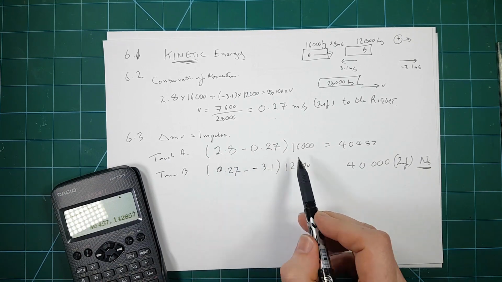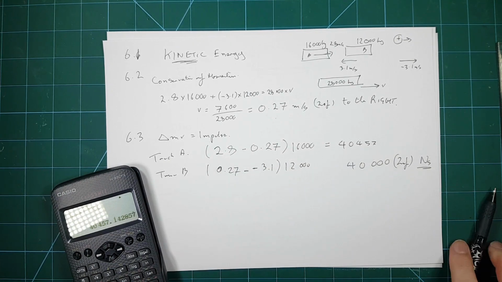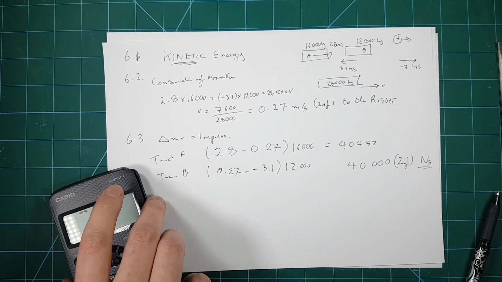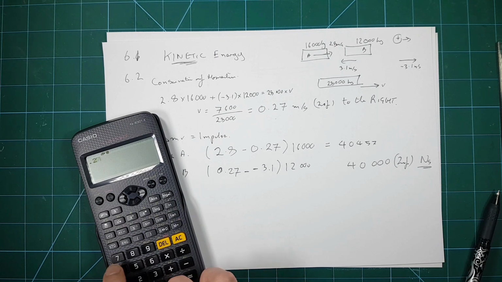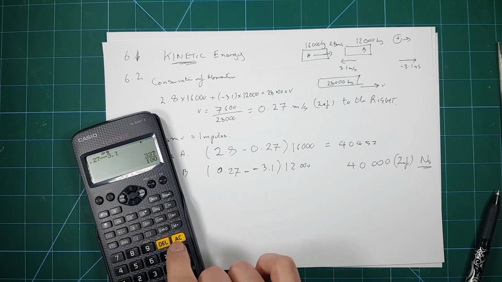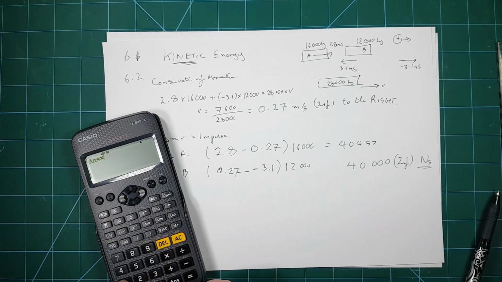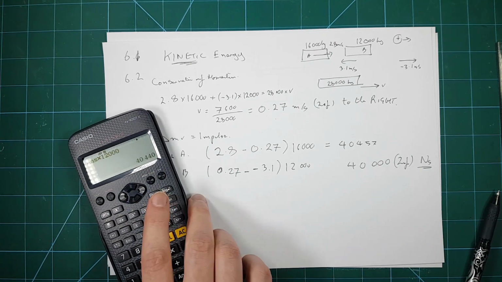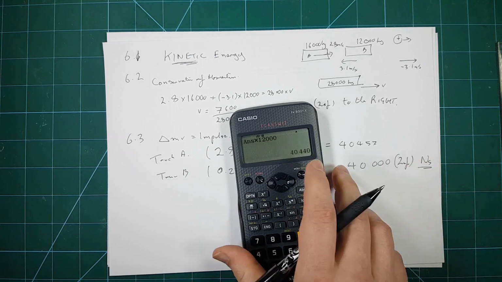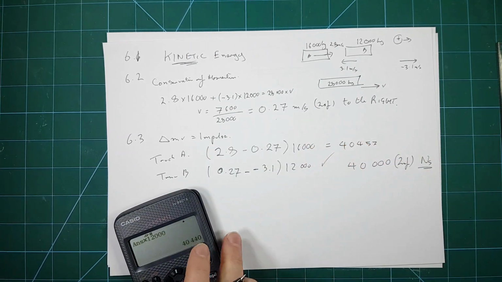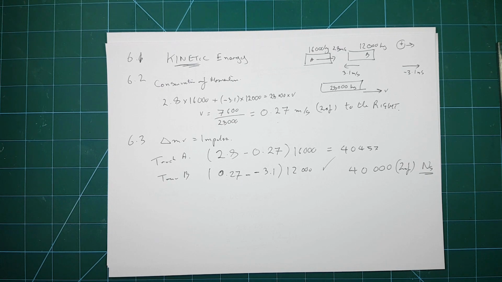I actually got these numbers the other way around, it should come out as a minus number, but it doesn't matter because it's only asking for the size of it. So we've got 0.27, take away 3.1 times by 12,000. Hopefully that's the exact same, yeah. Give or take a rounding error, that's the same. So that one checks that we got the right answer.